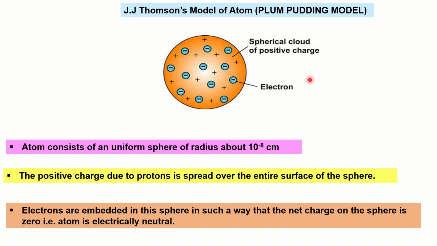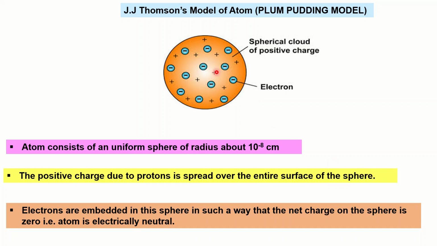So let us see the salient features of this plum pudding model. Atom consists of a uniform sphere of radius 10 to the power minus 8 centimeter. The positive charge due to protons is spread over the entire surface of the sphere.